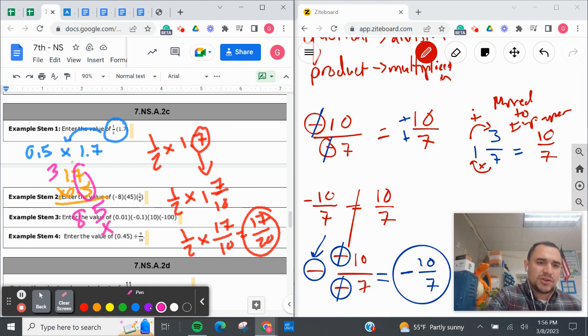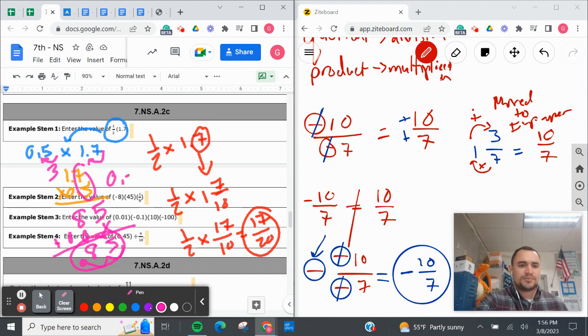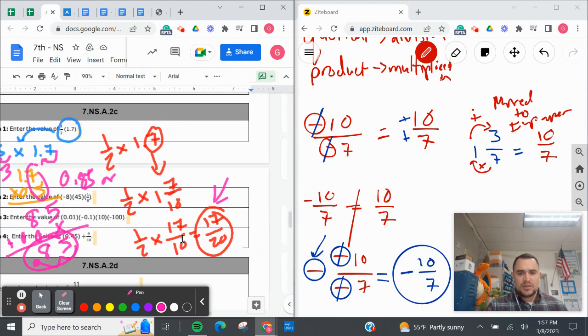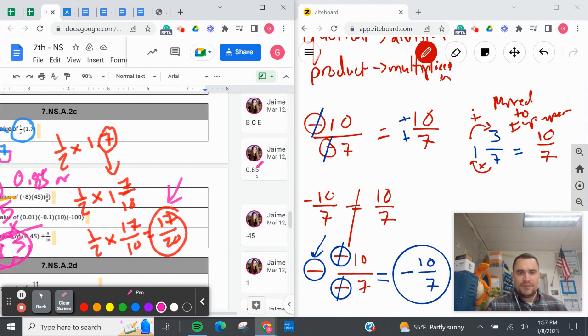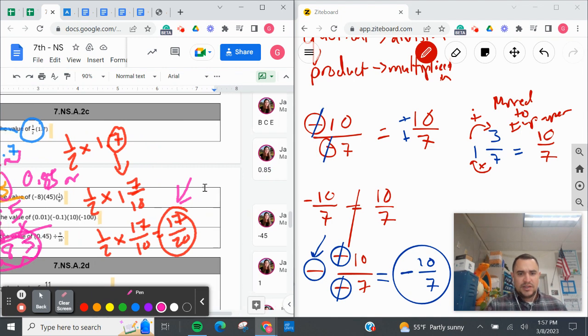I put an X there, 0 and 0. So that's 85. We have one decimal place and another decimal place, so it's 2. So your answer should be 0.85 or 17/20. Let's take a look at what we got here. And 0.85 is the answer there.